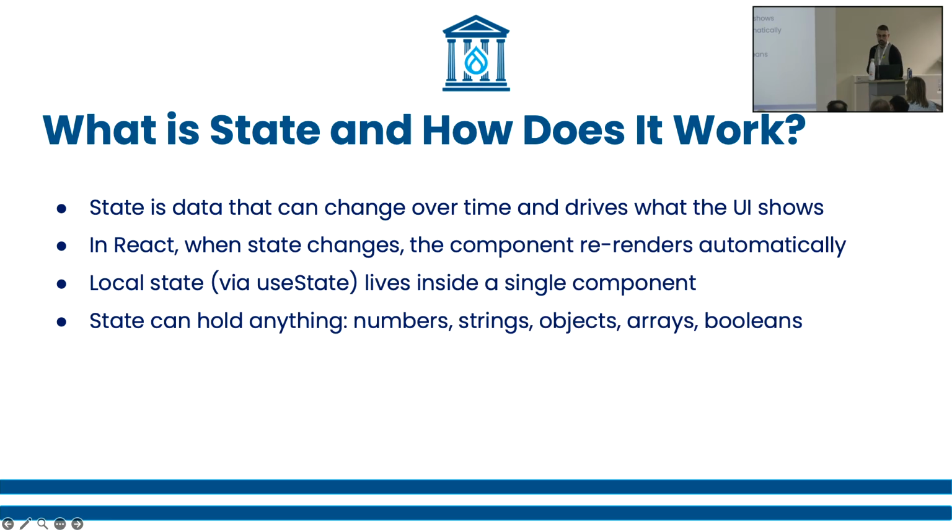Local state lives inside the component it was created in, which is fine when only one component needs it. But as soon as two different parts of your app need the same data, local state is not enough anymore. State can be anything: numbers, strings, objects, arrays, and booleans.